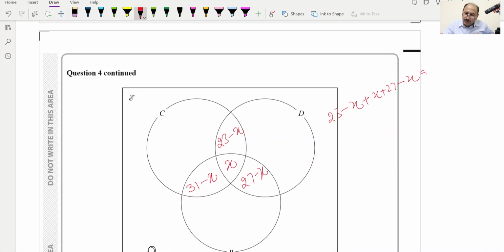If we add these numbers, this will be 20 plus 30, so 30, and this x will cancel, so it will be 30 minus x.